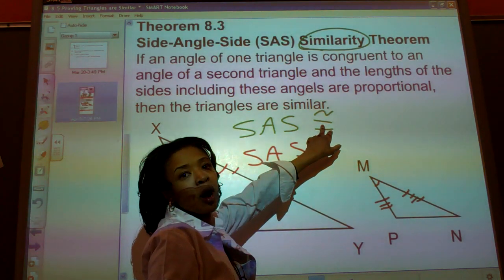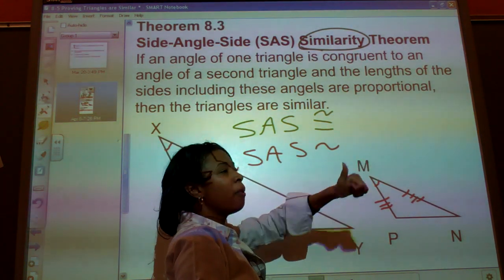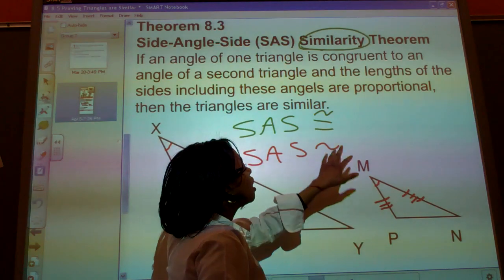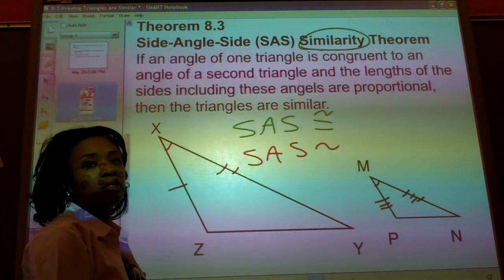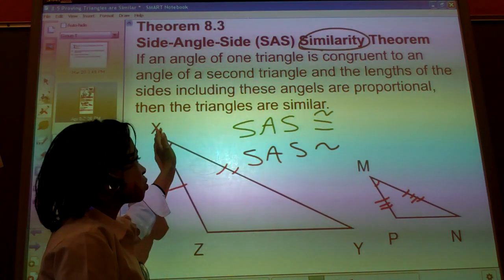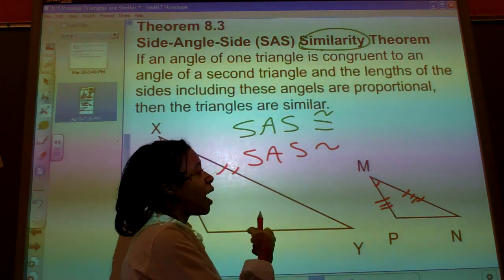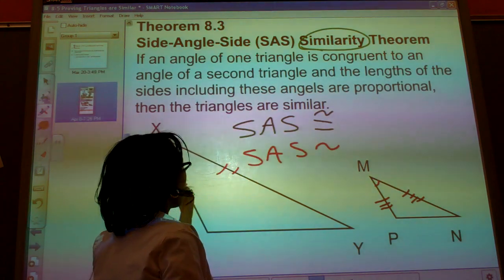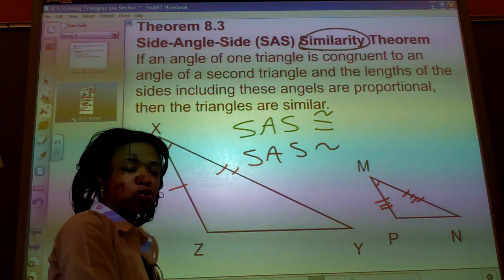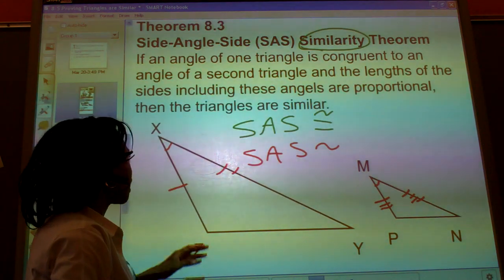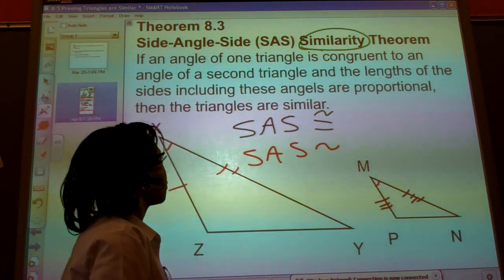Congruent means that the 2 triangles had the same exact angle measures and side lengths. Similarity means they're proportional. The side lengths will be proportional. Remember, angles on polygons will be congruent. However, the side lengths will be proportional. Maybe a 2 to 3 ratio, a 4 to 1, something like that. But the angles will be congruent.